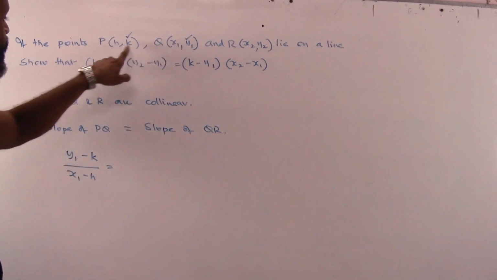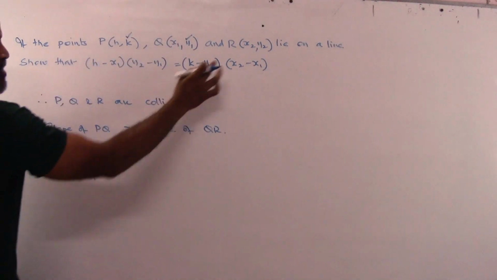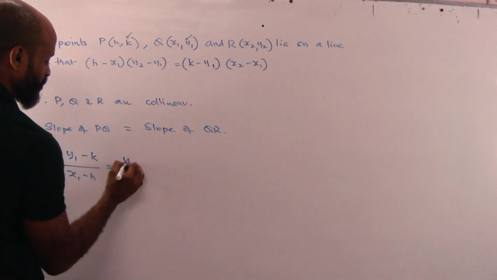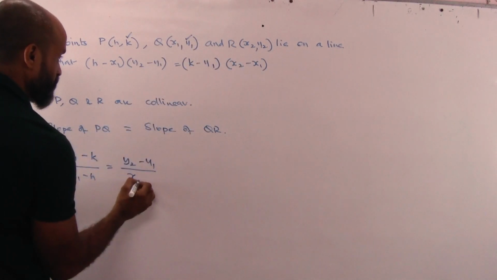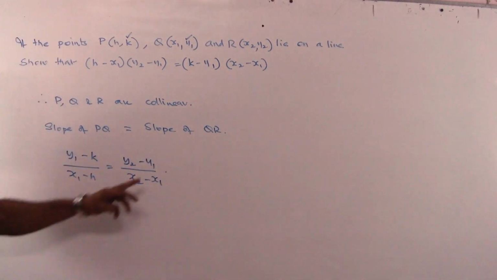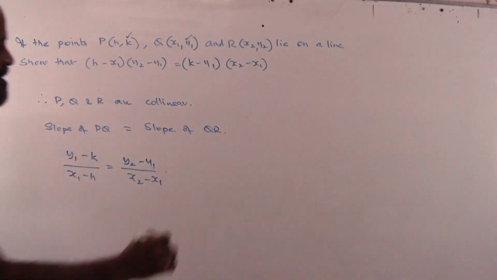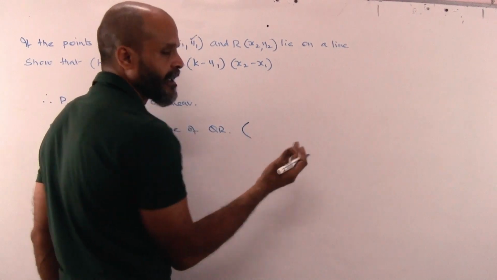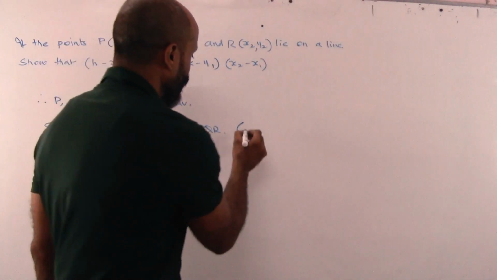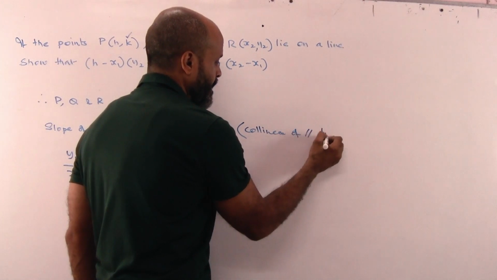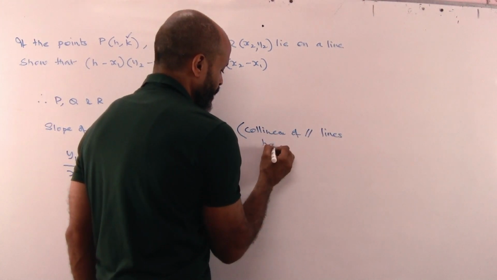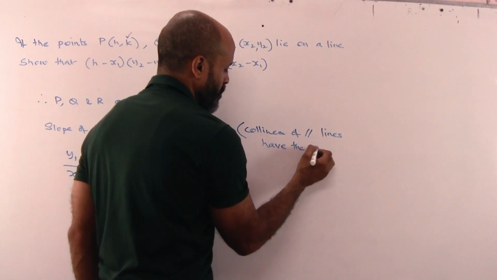So this should be equal to y2 minus y1 upon x2 minus x1. Okay. Since these are collinear, obviously collinear or parallel lines will have the same slope.